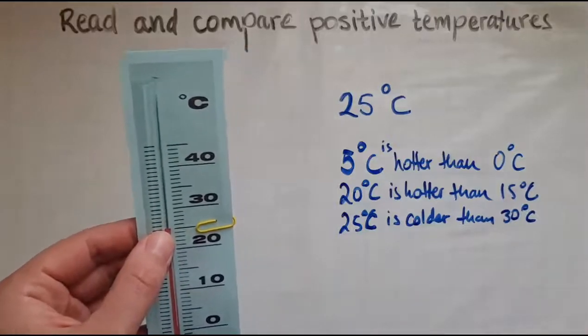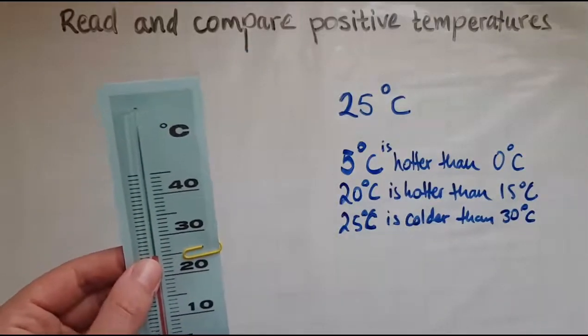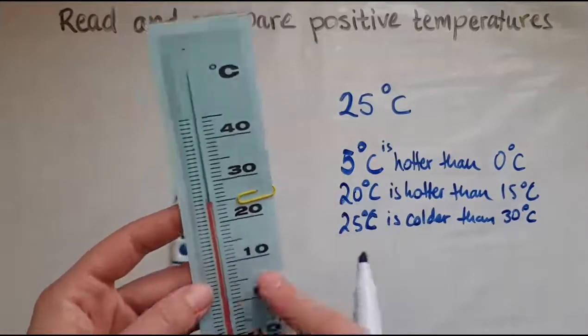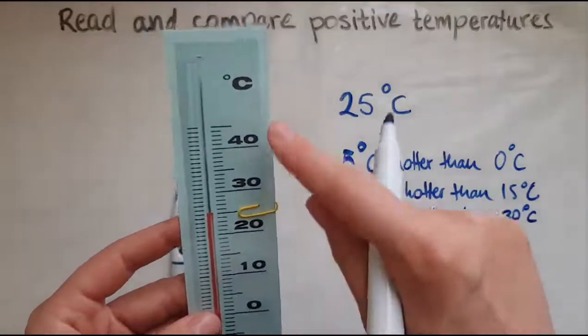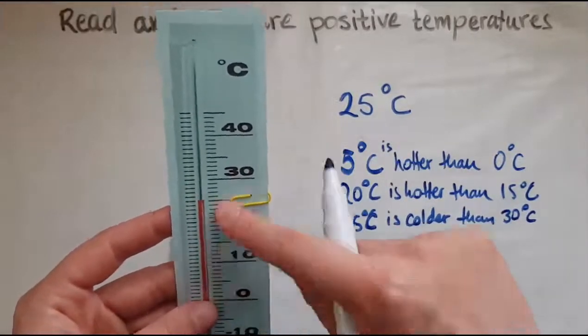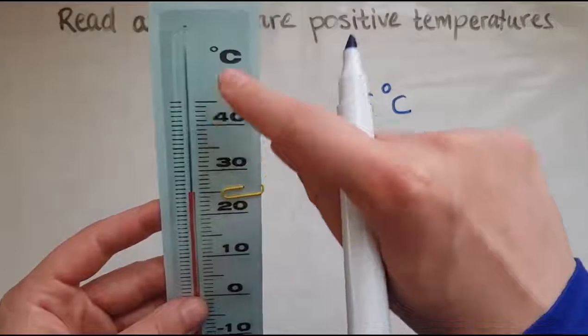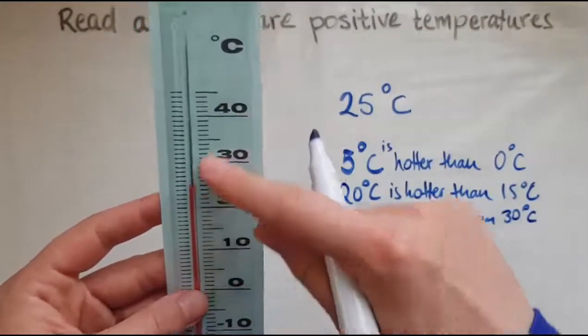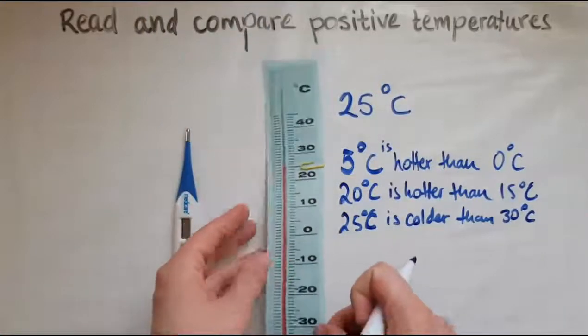So that kind of compares the temperatures. If you think or imagine a weather thermometer, there is 0 and temperatures go up 1, 2, 3, 4, 5, 6, 7, 8, 9, 10 and so on. So the higher the number, the higher the temperature.